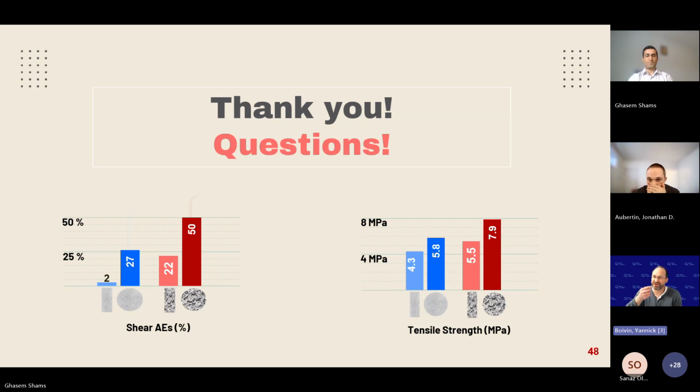Typically, when you perform direct tests on a concrete cylinder, the variability in tensile strength is quite large, but in your tests you get the opposite. So I was just wondering why we have this difference.